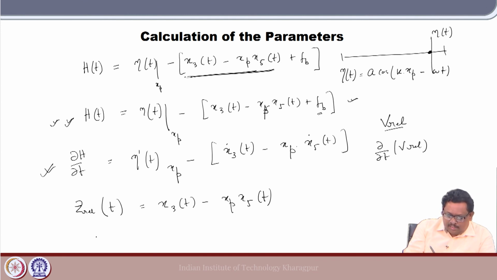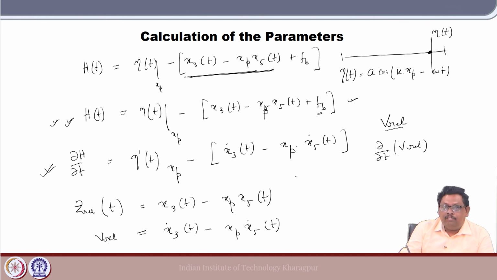Therefore, my V relative is nothing but x dot 3 t minus x p into x 5 dot t. And the last component that I need to know, del del t of V relative, is nothing but x double dot 3 t minus x p into x double dot 5 t.